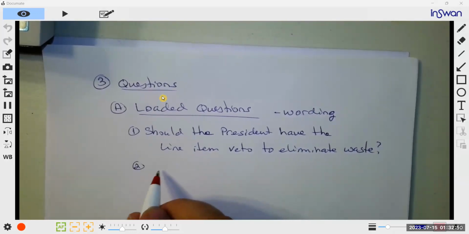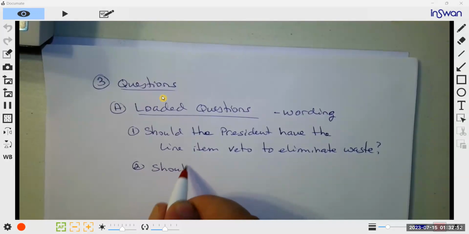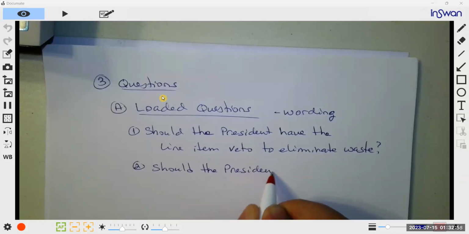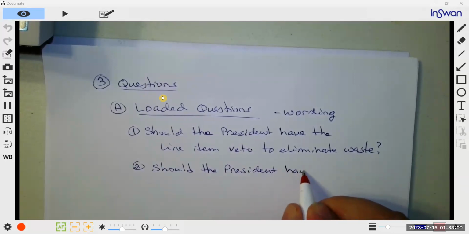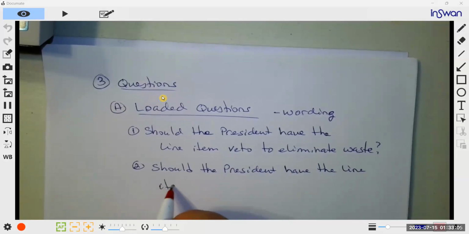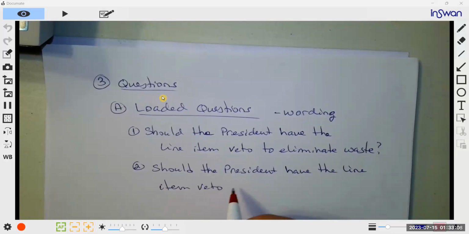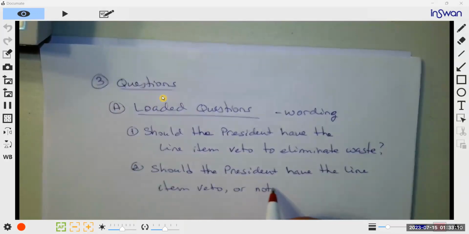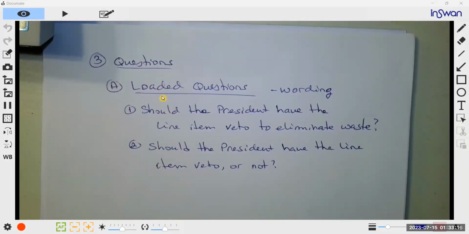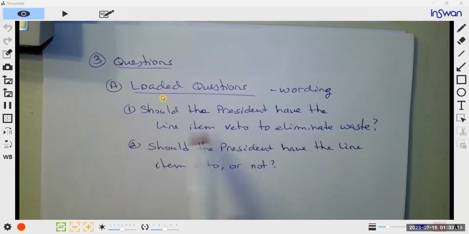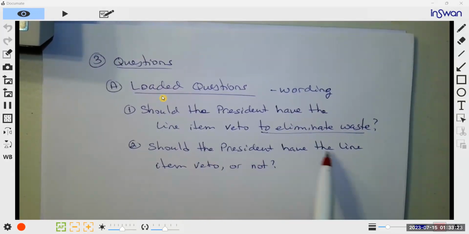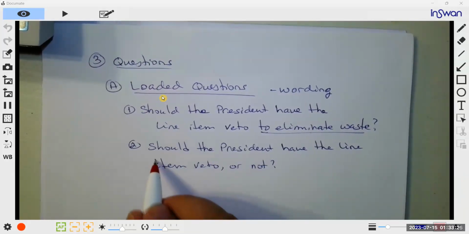Or should the president have the line item veto or not? You see how the first one tries to influence you with eliminating waste. The other one says, just in general, should they have the line item veto or not?